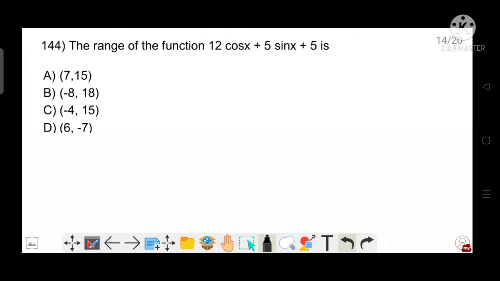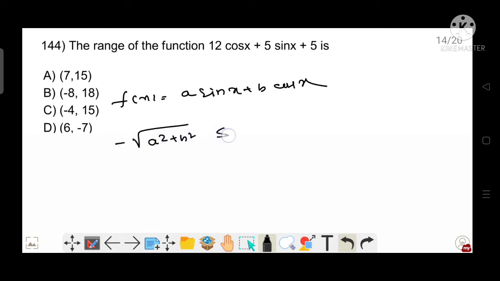Range of the function. So you have the given formula, that is if f of x equal to a sin x plus b cos x, then minus square root of a square plus b square is less than or equal to f of x, less than or equal to square root of a square plus b square.